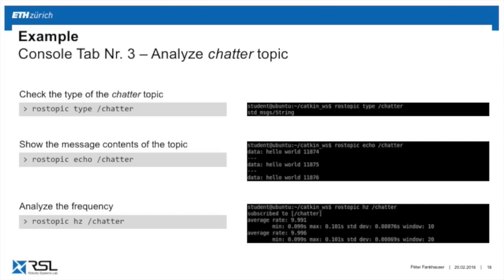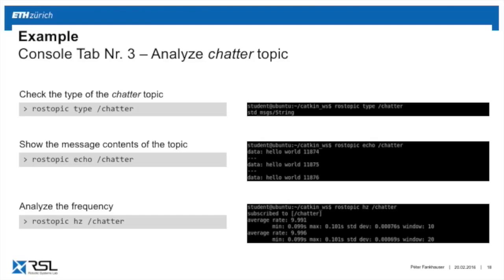You can look at the contents of this topic by typing in rostopic echo /chatter, which then, similar to your console number 2, prints the contents of this topic into your console. You should see the message going up with increasing number.